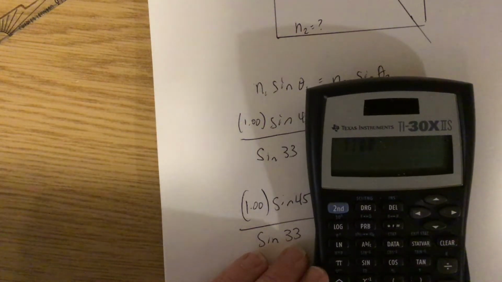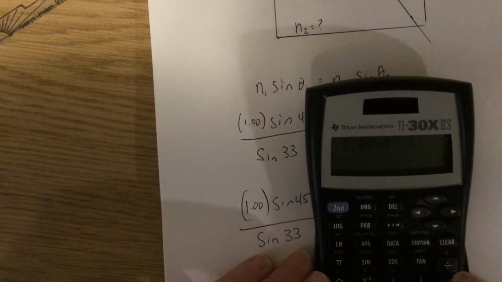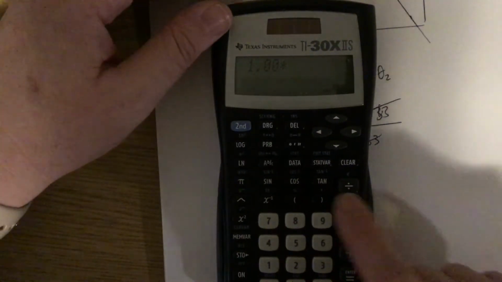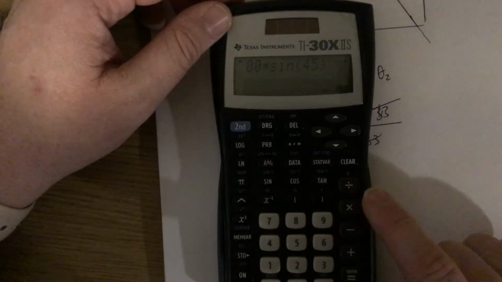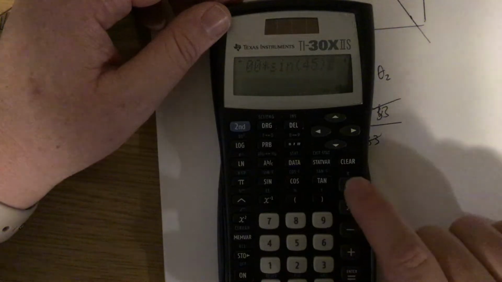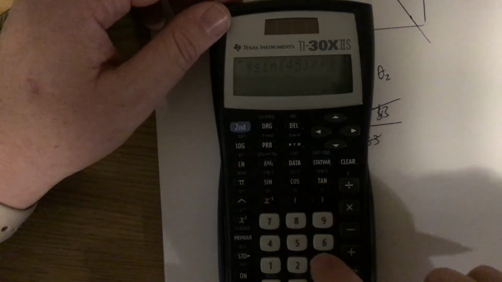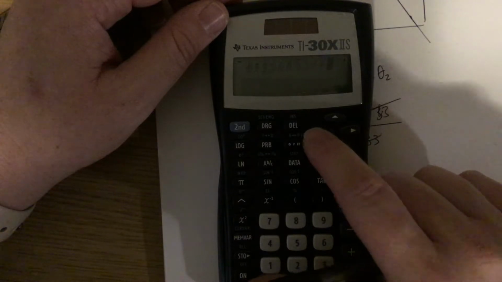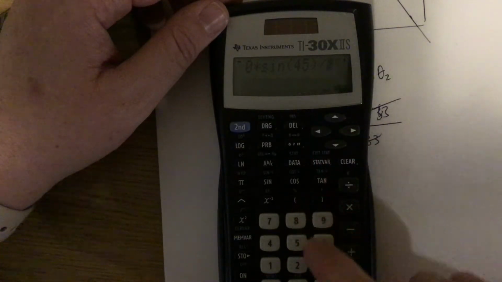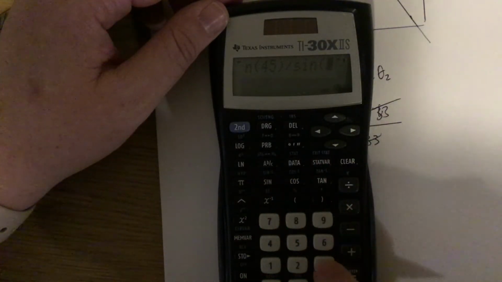You'll say 1.00 times, and you'll go sine of 45. In this calculator, I have to put a parentheses on there. And then I would just go divided by the sine of 33, put a parentheses on that back part there. Divided by the sine of 33.